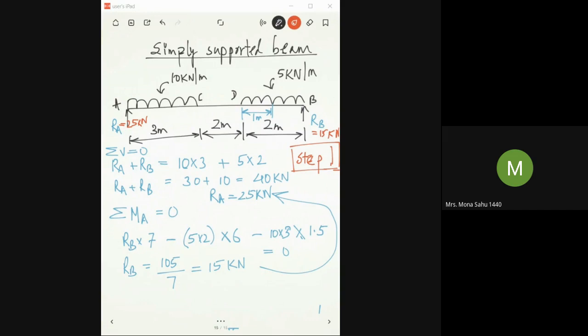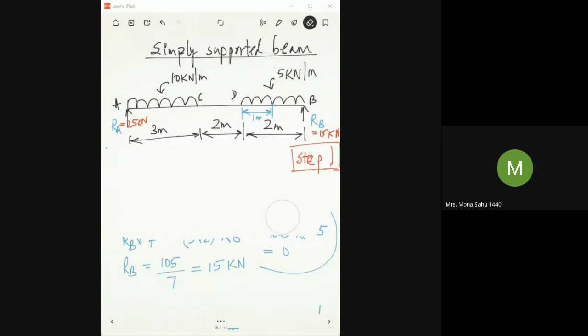Done, guys? Can I proceed? Yes or no? Yes, ma'am. Yeah. So I'm going to rub this. Step 1 is done. Now we will draw the shear force diagram.